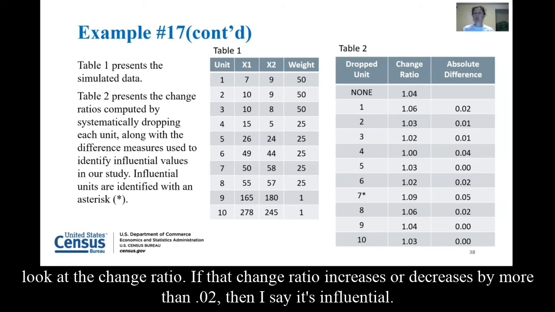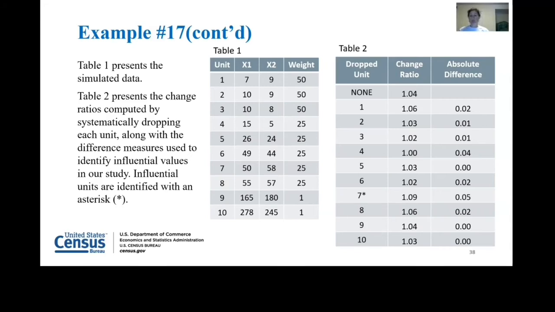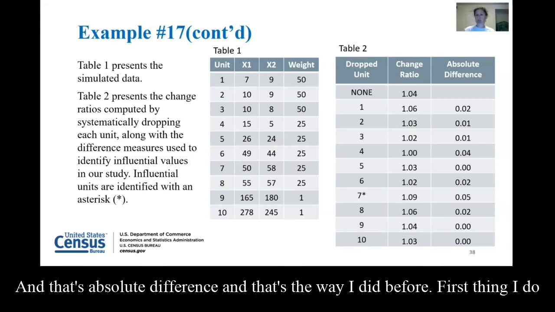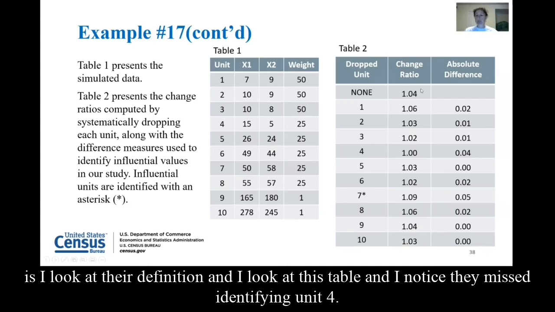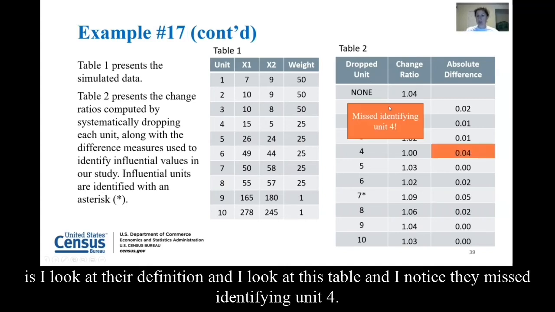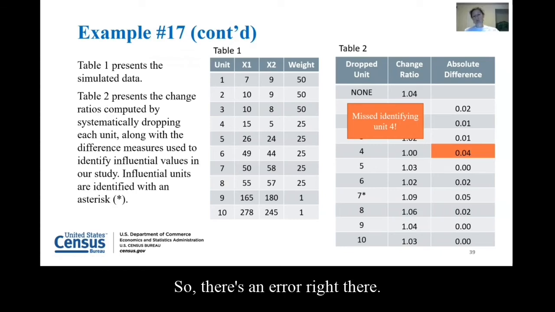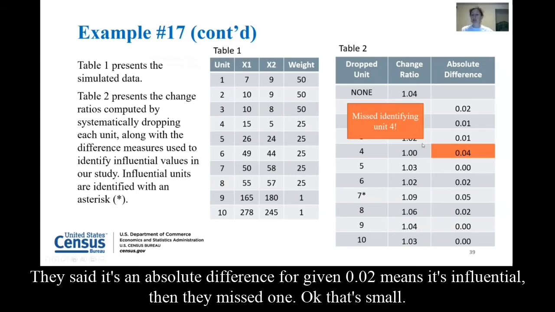If that change ratio increases or decreases by more than 0.02, then I say it's influential in that absolute difference. And that's the way I did it before. First thing I do is I look at their definition and I look at this table and I notice they missed identifying unit 4. So there's an error right there. They said if an absolute difference bigger than 0.2 means it's influential, they missed one. Okay, that's small.